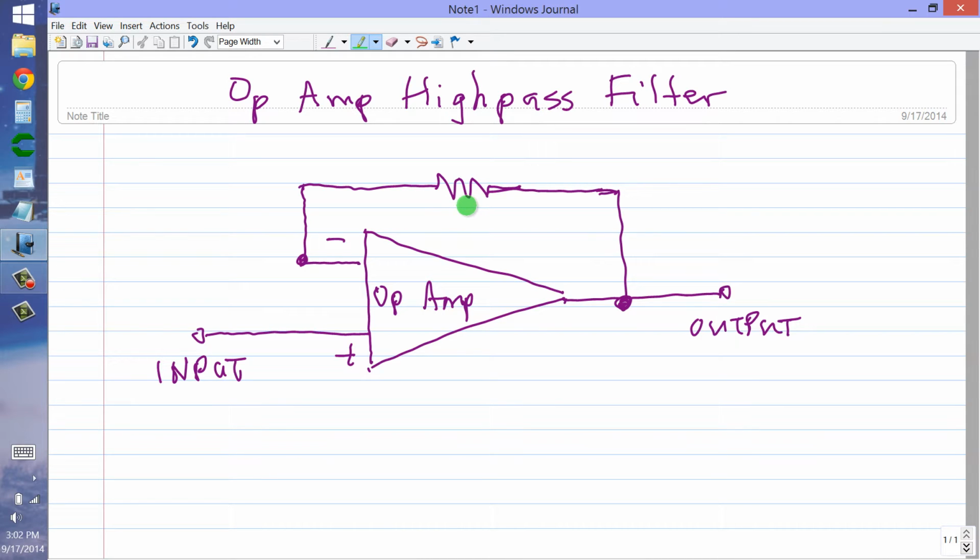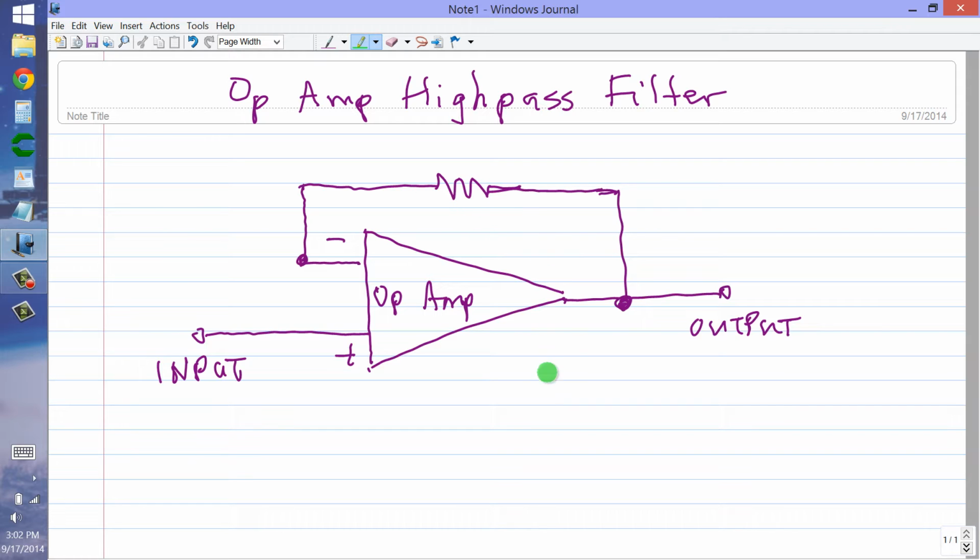As the resistance goes down, the negative feedback increases and the gain gets lower. As the resistance goes up, the amount of negative feedback decreases and the gain goes up.